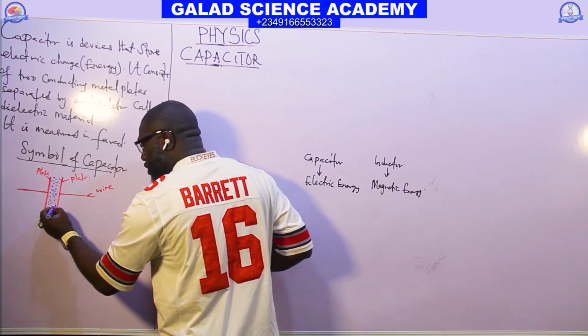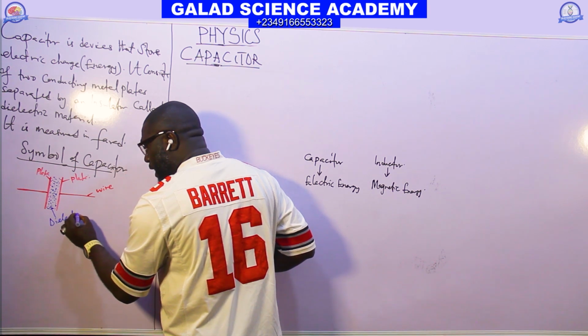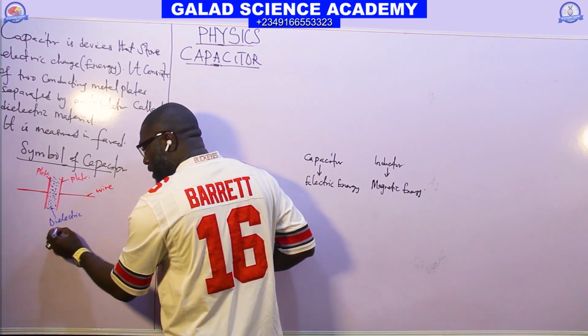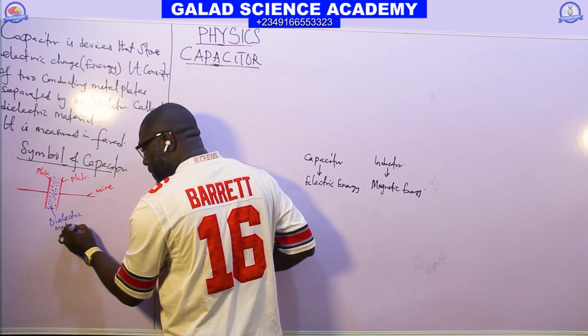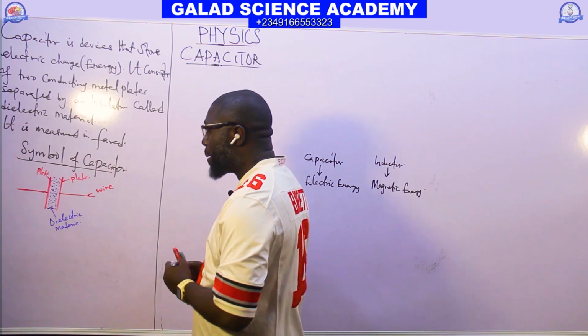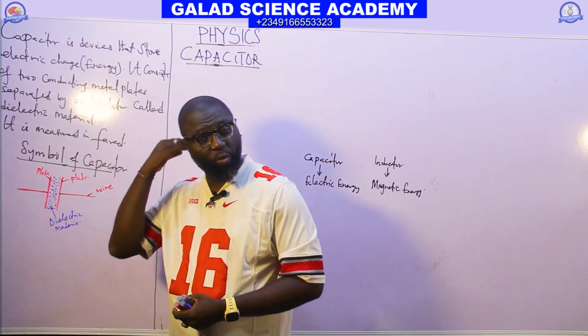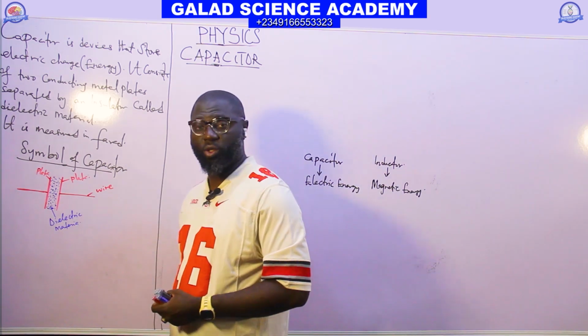This insulator is known as the dielectric material. The dielectric material may be paper, or may be air. So this is the symbol for a capacitor.